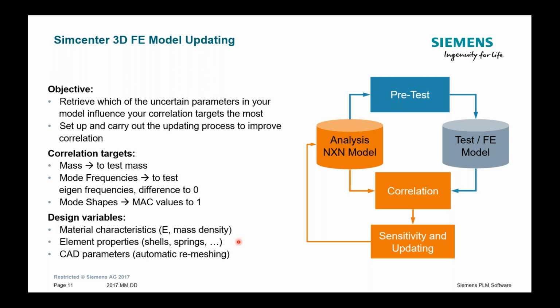You can weight those and also use them as input to the sensitivity analysis. So you can determine which of those properties of the model might be more sensitive to certain mode shapes of your target modes. And then using that information, you can do some model updating.